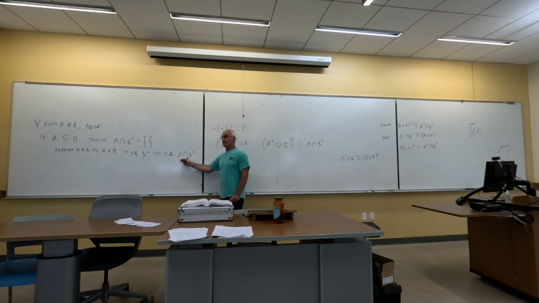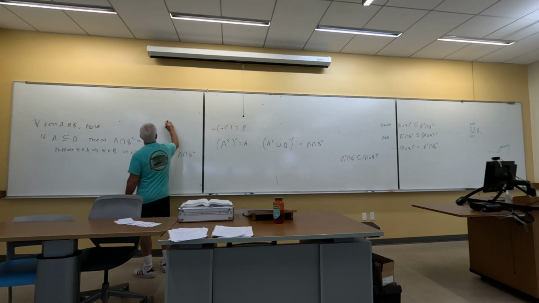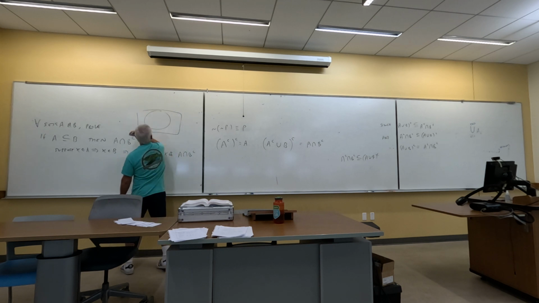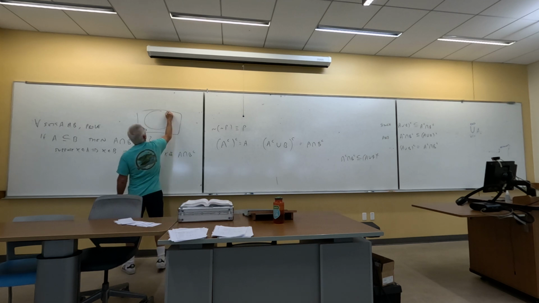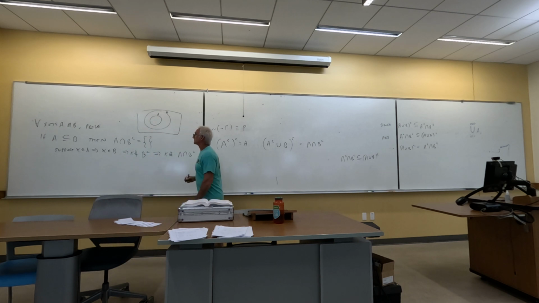So there's nothing here. Now, if I drew this Venn diagram, it's actually easy. I always like doing this. Big circle would be B. Little circle would be A. A is contained in B. A, B complement.